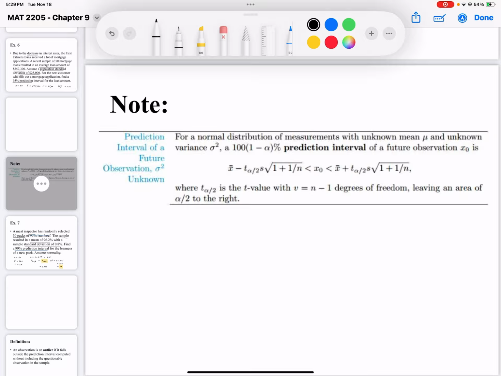Our x bar is 96.2. Our t sub alpha value is 2.756. Our sample standard deviation is 0.8, multiplied by the square root of 1 plus 1 over the sample size. Our sample size is 30.